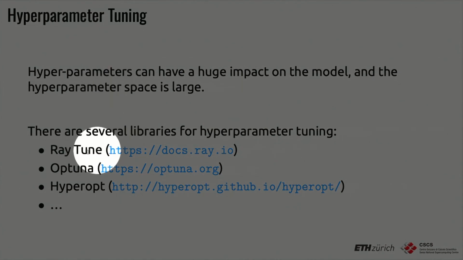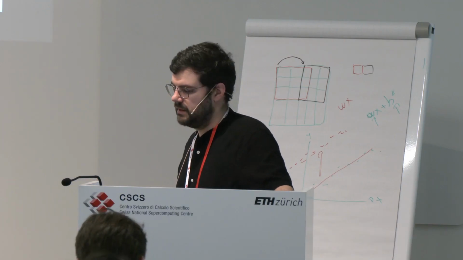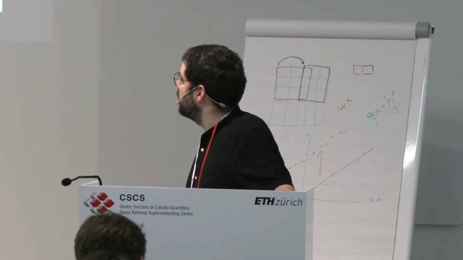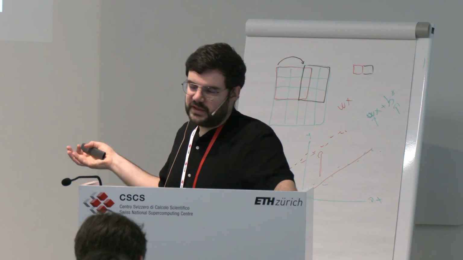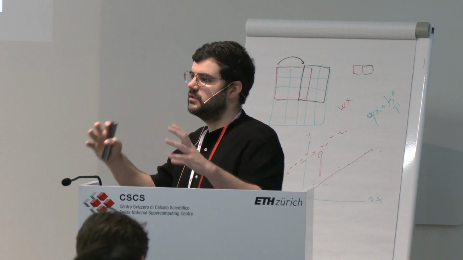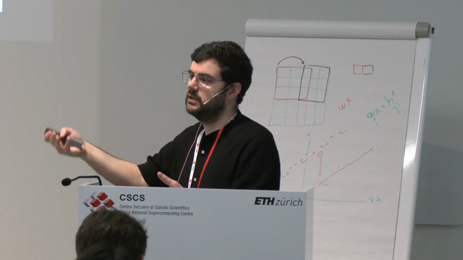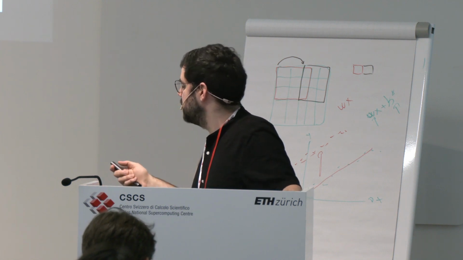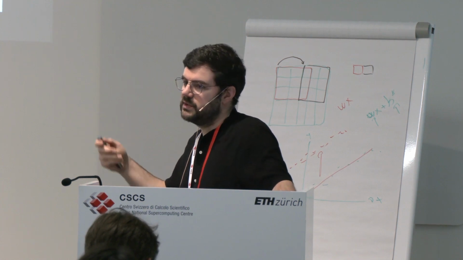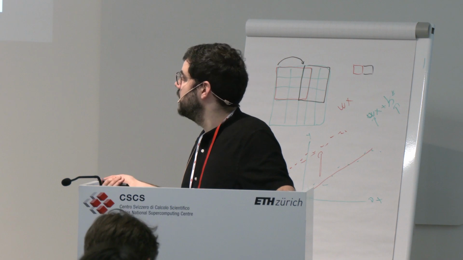And there are some libraries to essentially do this as efficiently as possible and in an automated way. Famous ones are Ray Tune, Optuna, HyperOpt, which usually all of them take a function that does the model definition, training, everything, and returns or stores the accuracy while you train. And so they can actually do things in parallel and train many models in parallel if you have access to supercomputers like we have here.